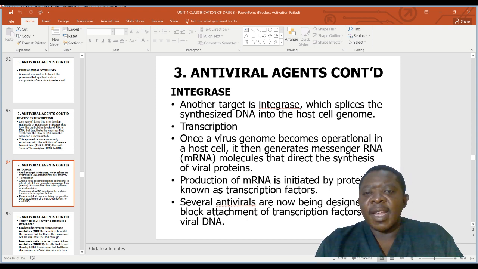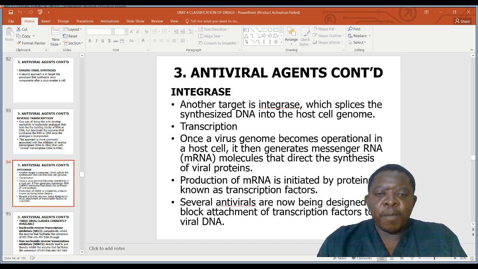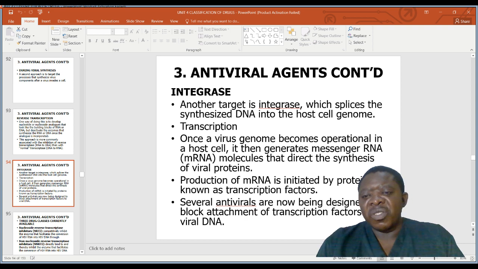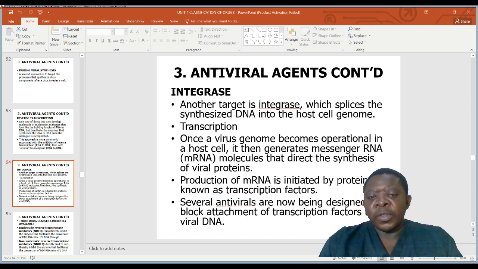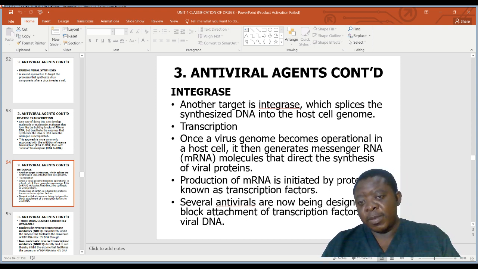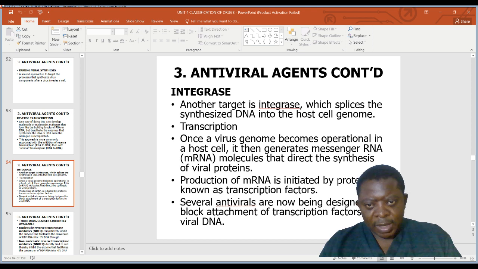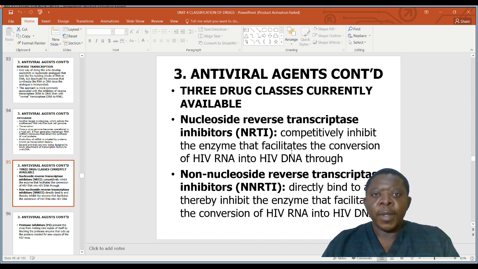So when you give an integrase inhibitor, it is simply going to prevent the sending of information to produce more viral protein. The production of messenger RNA is initiated by proteins known as transcription factors. Several antivirals are now being designed to block attachment of transcription factors to viral DNA, so that the virus will not have proper proteins to assemble and build itself.